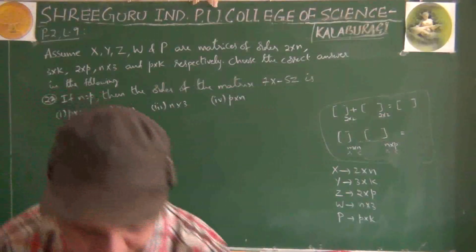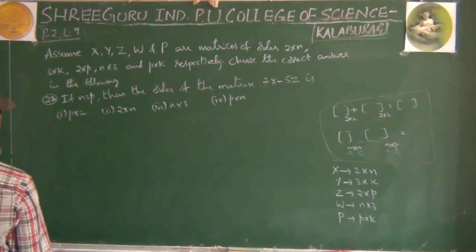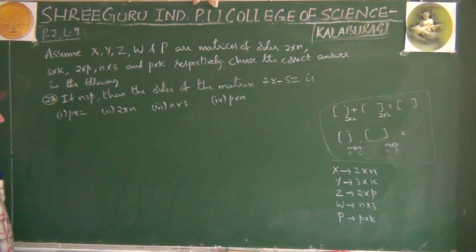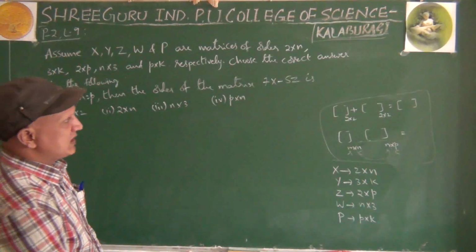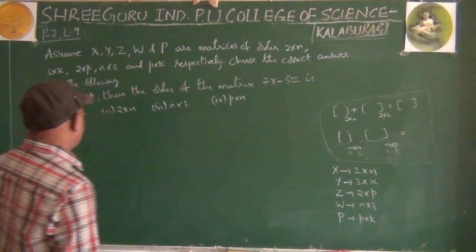Let us see. If n equal to p, then the order of the matrix 7X minus 5Z.